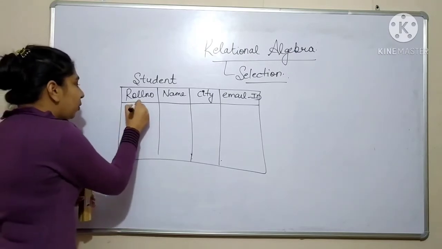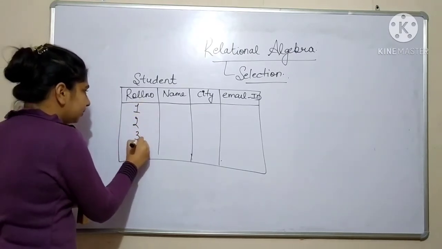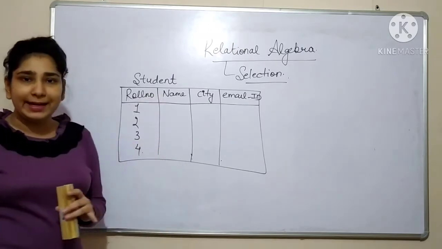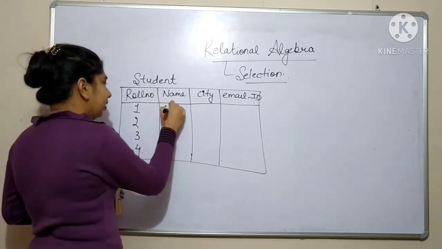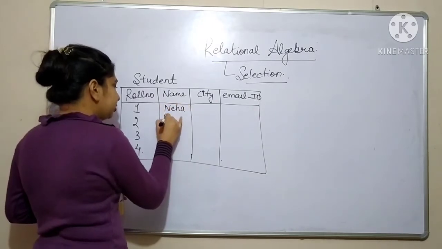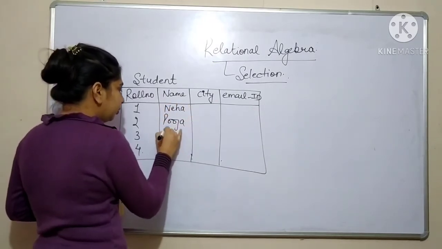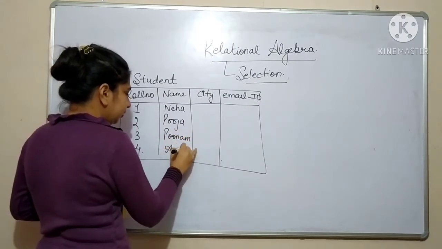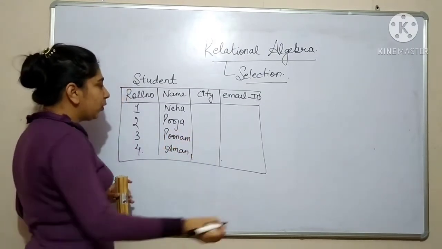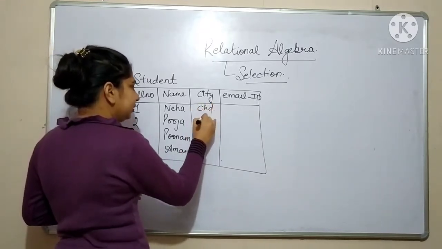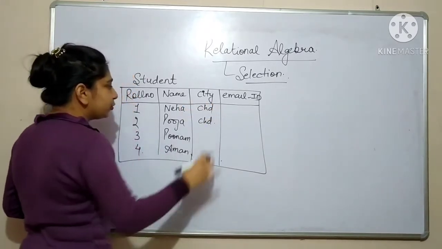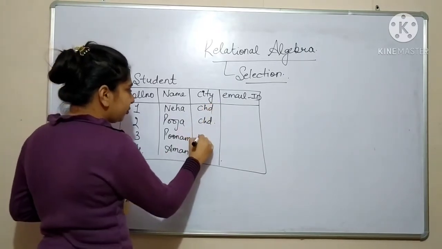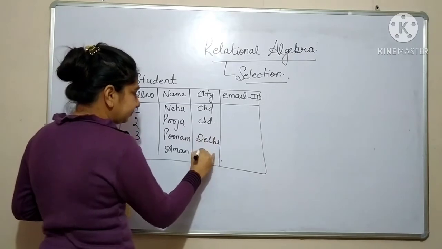Let's suppose I have four roll numbers. The names of the four students are Neha, Pooja, Poonam, and Aman. The first two students belong to Chandigarh and the last two students belong to Delhi.